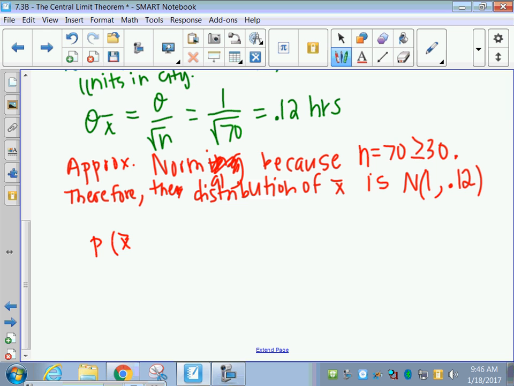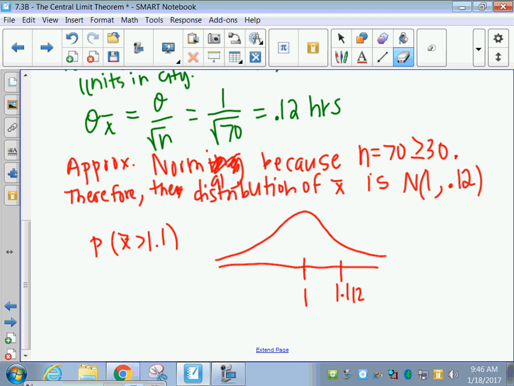Again, I'm trying to find x bar greater than 1.1. And if we drew the normal curve based on 1 being the mean, 0.12 would be 1.12 above the mean, right? That's one standard deviation right there. So we're about here and to the right. There's that probability we're trying to find.